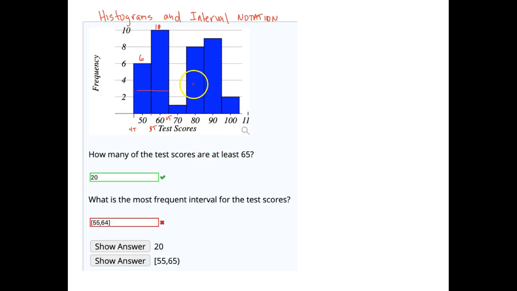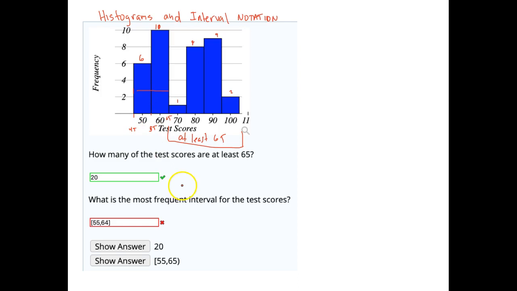At least 65 is going to be these groups here, 1, 8, 9, and 2. And so this is at least 65 here. Now, with this representation, what we need to look at is there's something happening right at the borders here.